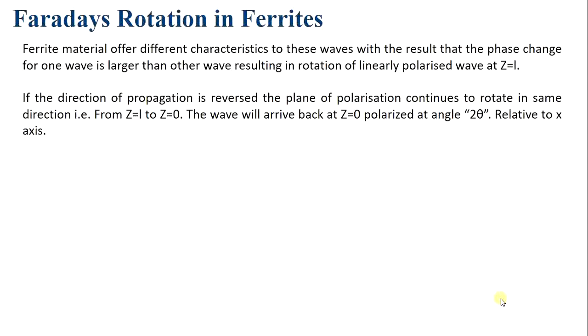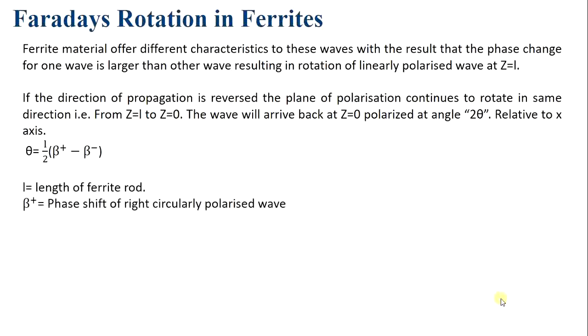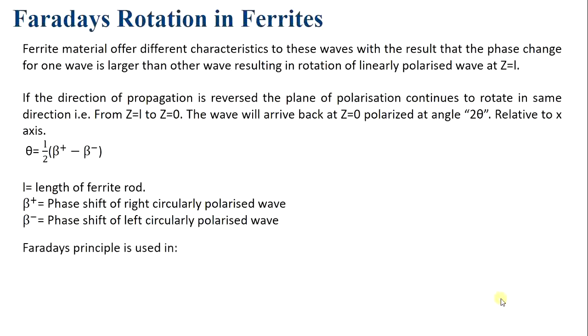The wave will arrive back at z equal to 0 polarized at an angle 2θ relative to the x-axis. This θ is given as L/2 (β+ − β−). So here L is the length of the ferrite rod, β+ is the phase shift of the right circularly polarized wave, and β− is the phase shift of the left circularly polarized wave.